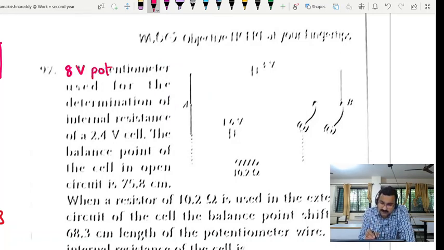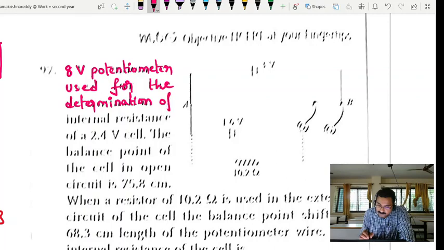An 8 volt potentiometer is used for the determination of internal resistance of a 2.4 volt cell.